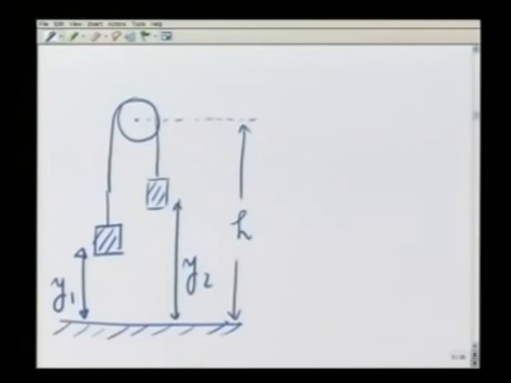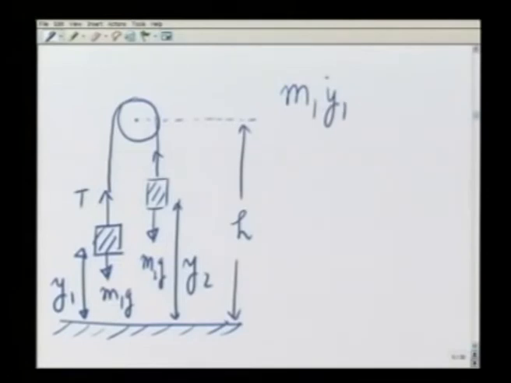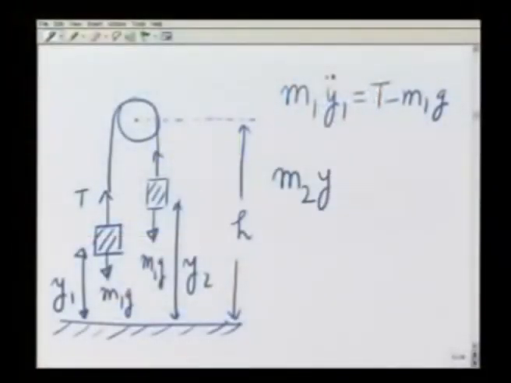And now I can write, this is tension T pulling it up, m1g pulling it down, tension T pulling it up, m2g pulling it down, and therefore I can write m1 y1 double dot is equal to T minus m1g. Notice that all the directions and everything is correct. I must take care of that because we are dealing with vector quantities, although I am writing this in one dimension. Similarly, m2 y2 double dot is going to be equal to T minus m2g.